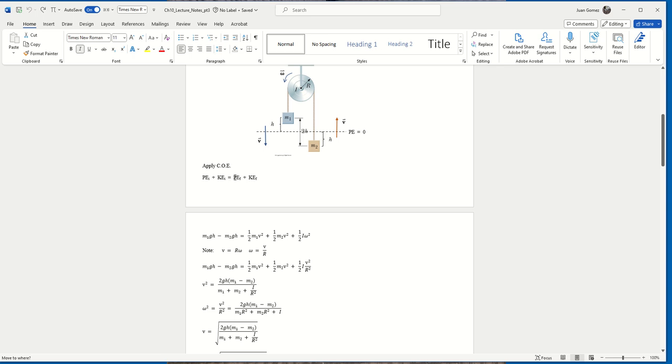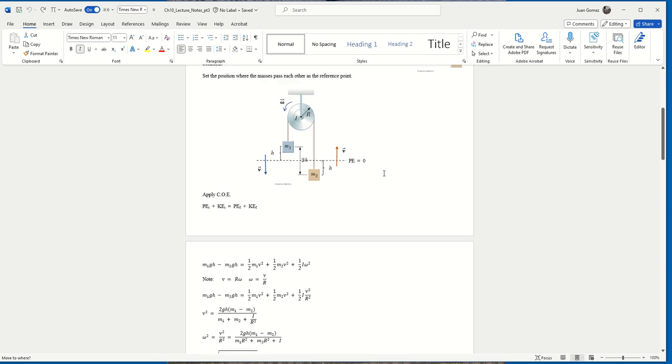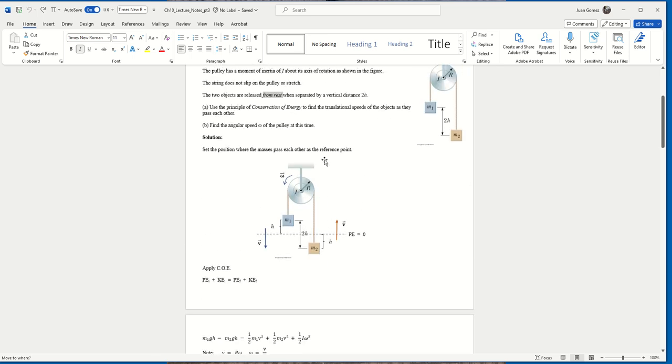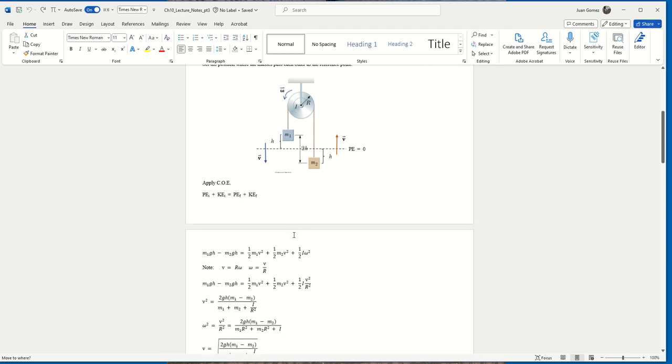What's PEF? PEF is 0 because I want to know V and omega at the point when they pass each other. I'm setting that point as my reference point, when they're at the same height. So the final potential energy is 0 because they're both at the reference point.